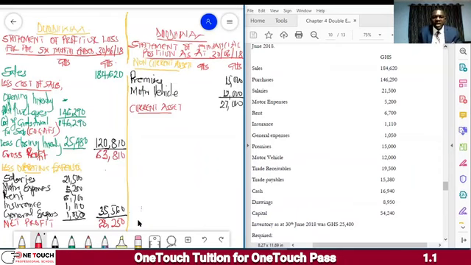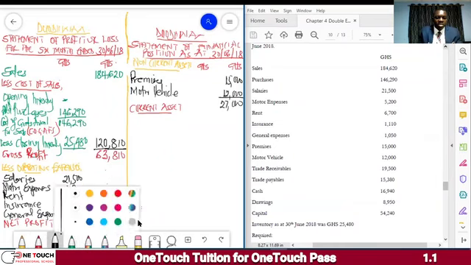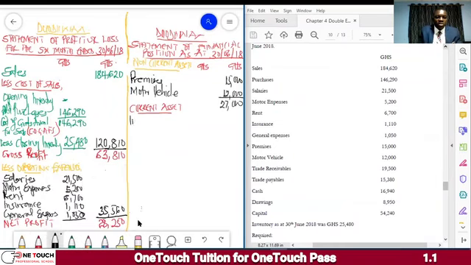So a typical example of such assets are what we have: inventory. That is the inventory at the end of the period. It represents your assets. So here the inventory at the end was what? 25,480.